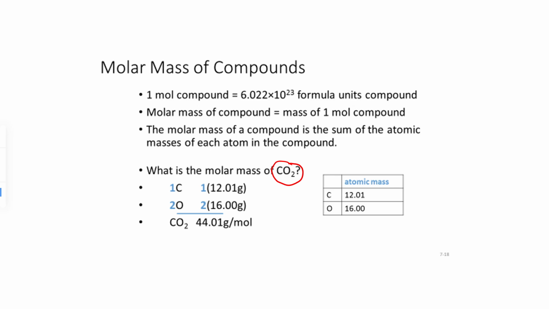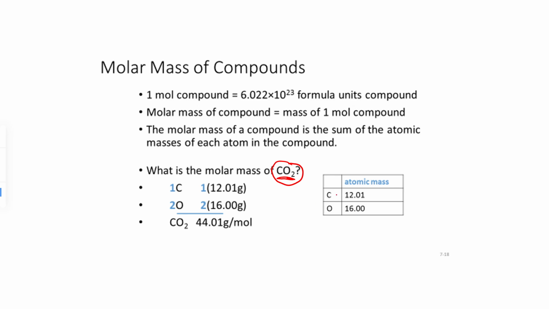So that's listed on the periodic table of elements. But if we want to get the molar mass of a compound, of this whole substance here, we would have to take the mass of carbon plus the mass of oxygen to get the total. Well, carbon's atomic mass is 12.01. Oxygen's atomic mass is 16.